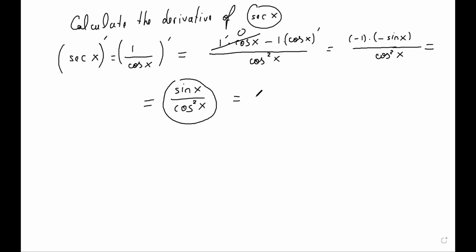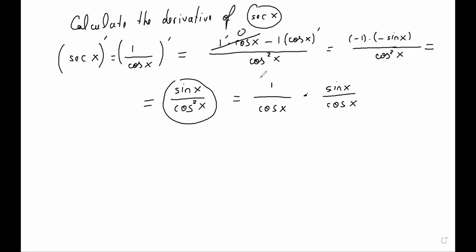We're going to separate this, and write 1 over cosine x times sine x over cosine x. If you look carefully, this is the same as the one earlier, because 1 times sine is sine and cosine times cosine is cosine squared.